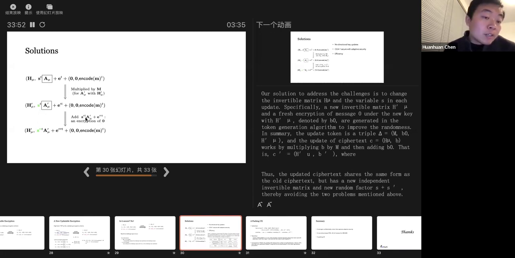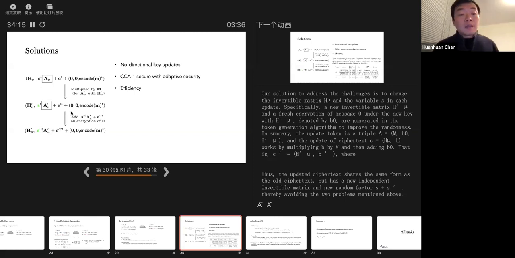Therefore, with our new S, the resulting ciphertext will be our new random S here, such that we can see that we increase the randomness of H mu and S in the ciphertext, and we prove that it's also no-directional key update, because the token is actually the M here and also the encryption of M. With the M, the adversary can recover A mu prime or A mu at most, but that is random. We also prove that it is CCA secure with adaptive security.